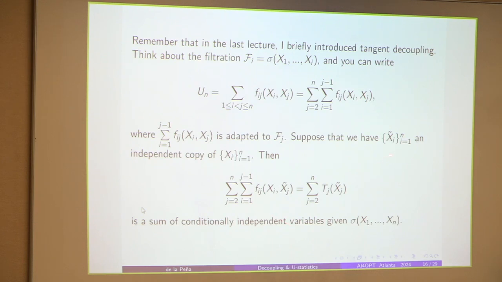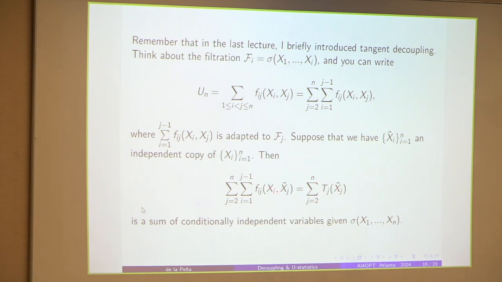And we are taking an independent copy, X sub i tilde. Now, I want to point out that when you plug in tilde, it can be written in the following way. It's the sum j going from 2 up to n of tj of Xj tilde.